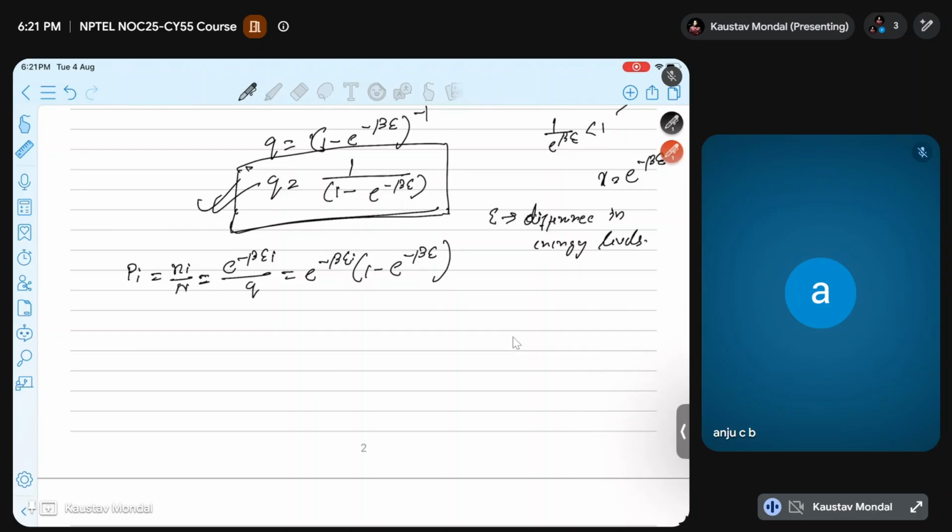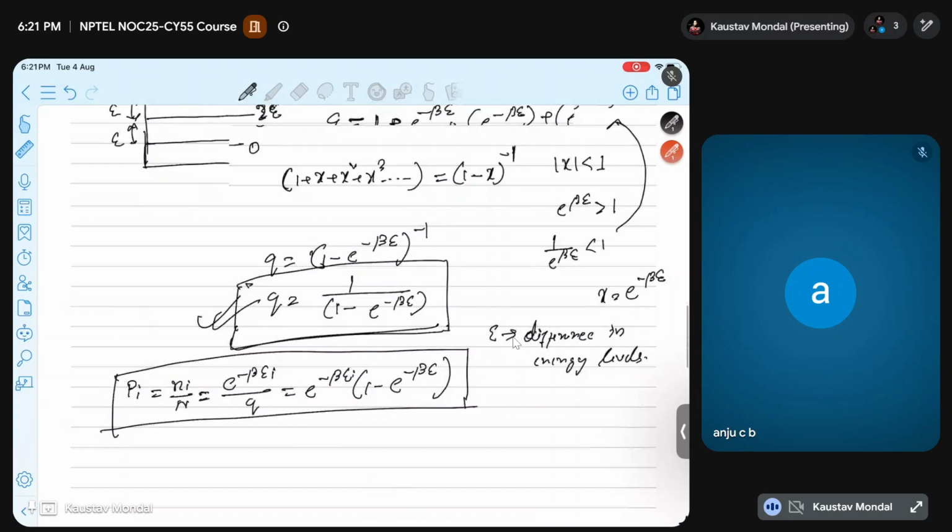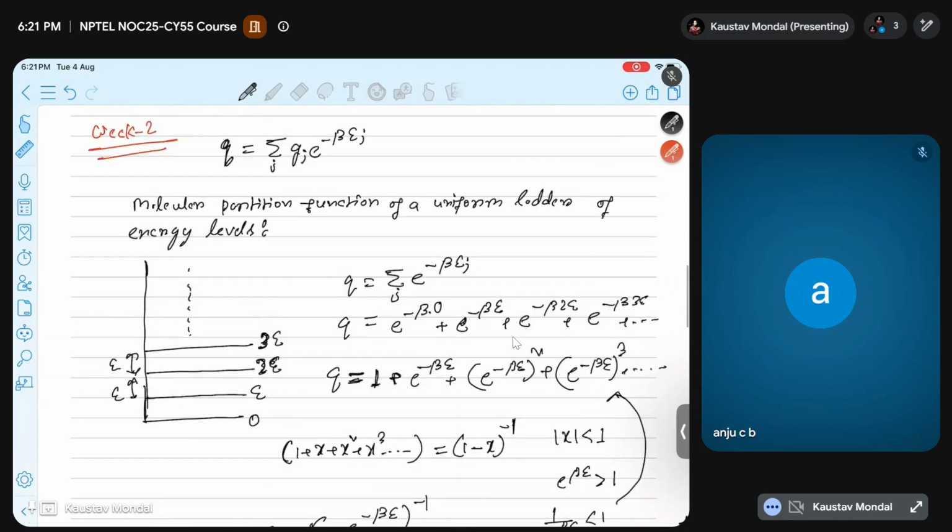This is the formula of population in each energy level for the case of a uniform ladder of energy.